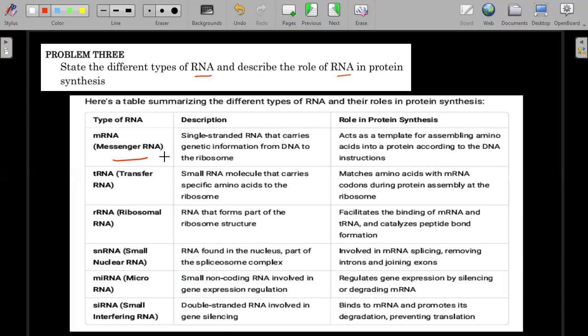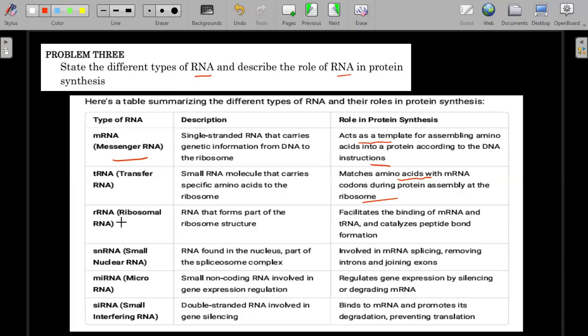It acts as a template for assembling amino acids into a protein according to the DNA instructions. Then we have transfer RNA, or tRNA, which matches amino acids with the mRNA codons during protein assembly at the ribosome.